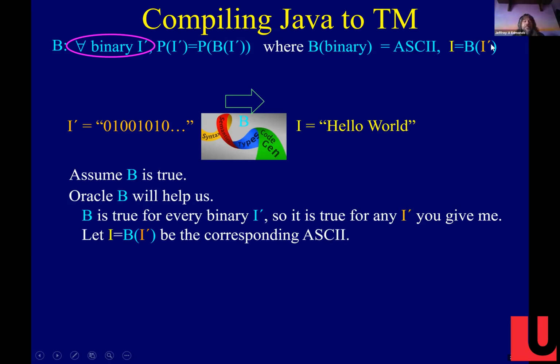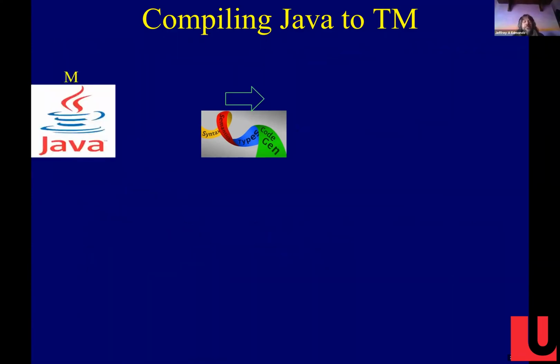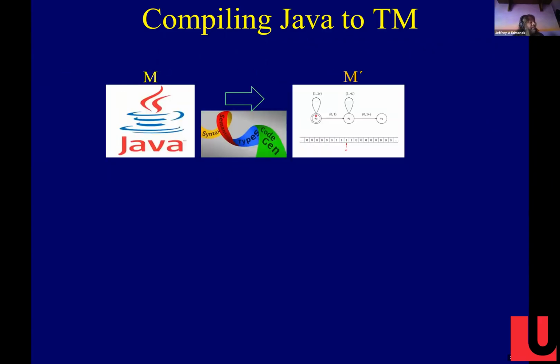Here's binary to ASCII. And then she's going to assure us that the answer for our problem on the binary string is the same as the answer for our problem on the ASCII string, right? That the problem doesn't differentiate between them. Everybody get that?